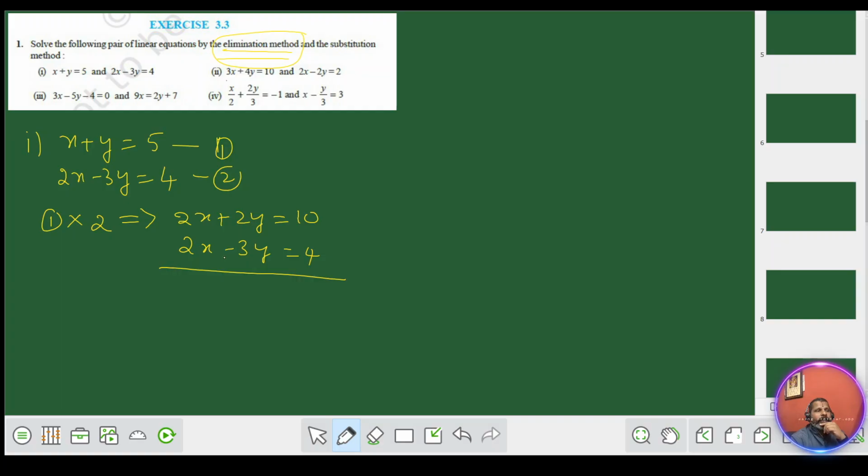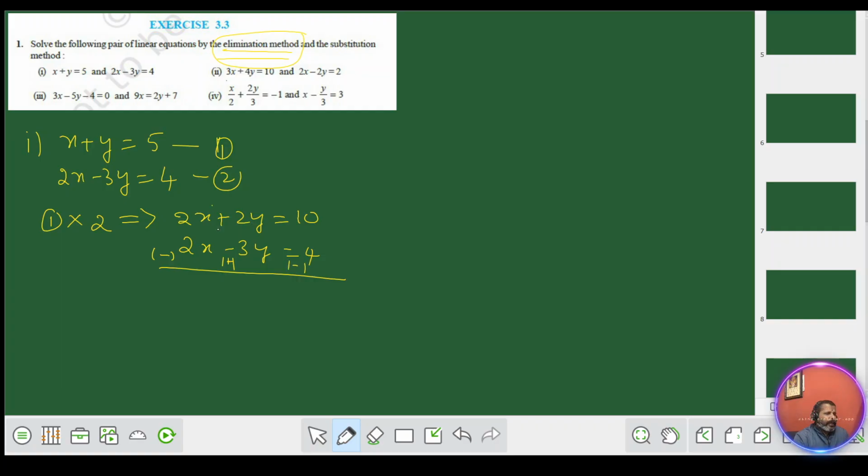You need observation here. If I add, does x or y get cancelled? If I multiply, does x or y get cancelled? It's up to your knowledge. So 2x and 2x, when we subtract, then only they get cancelled. So when subtracting, you change the sign of the second equation like this. This will be plus, this will be minus.